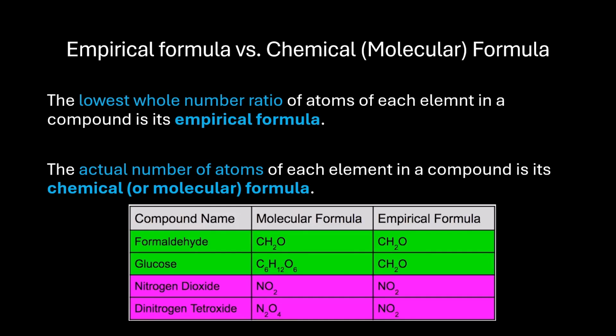And 6 divided by 6, you get 1. So the empirical formula is actually going to be CH2O, which is the same as formaldehyde. So you're going to have the same percent composition in glucose and formaldehyde, even though their molecular formulas are different. The same holds true for nitrogen dioxide and dinitrogen tetroxide, which we just looked at in the previous slide.